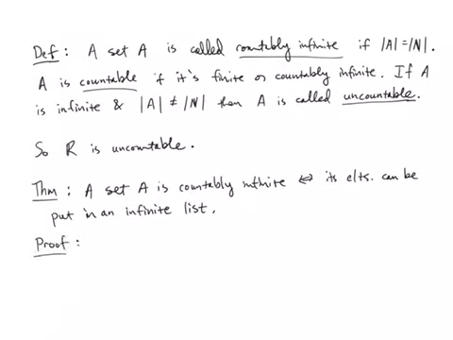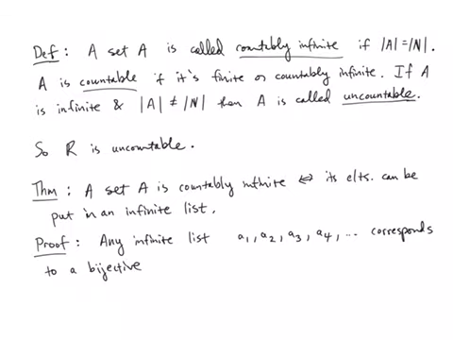And the proof is simple. Any infinite list, A1, A2, A3, A4, etc., just corresponds to a bijective function.